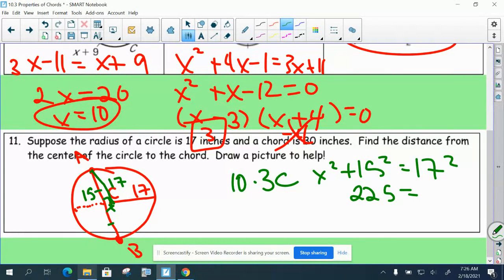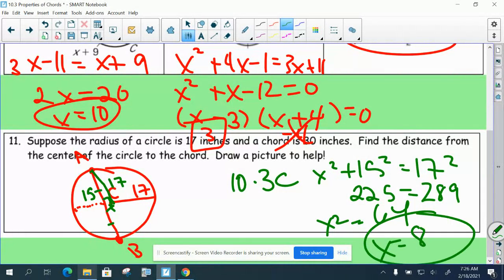And what's 17 squared? 289. So if I subtract 289 minus 225, I get 64. So if x squared equals 64, then x equals 8.